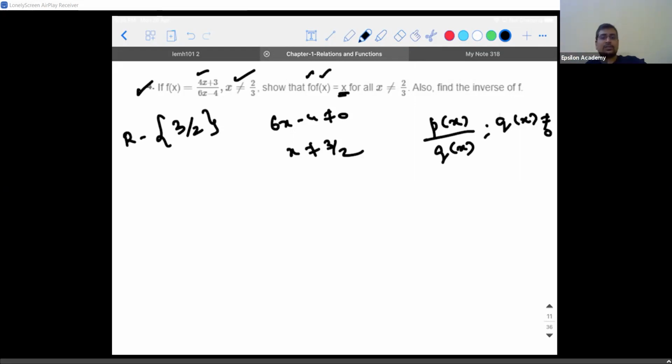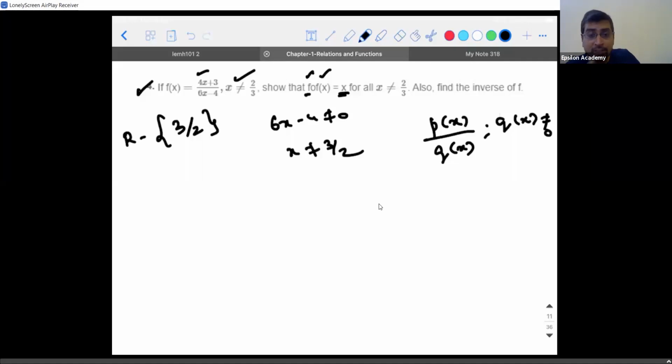What do you understand from this? It's an identity function. f circle f of x is equal to x is what they are asking you to prove. We have to prove that it's an identity function.